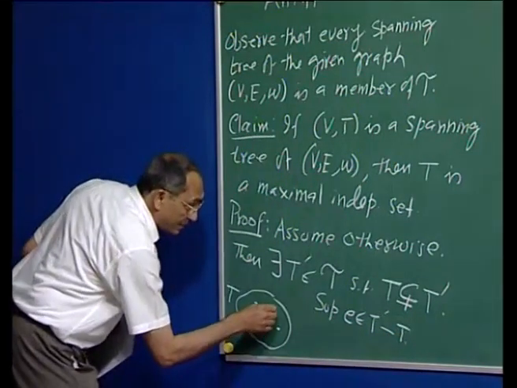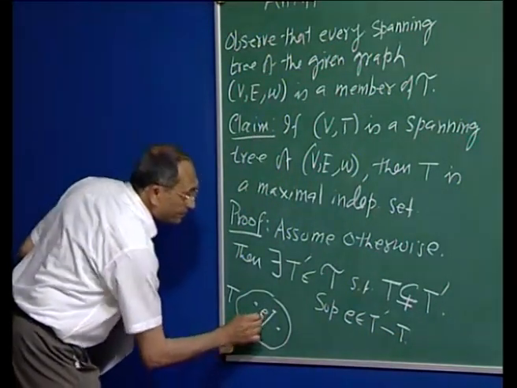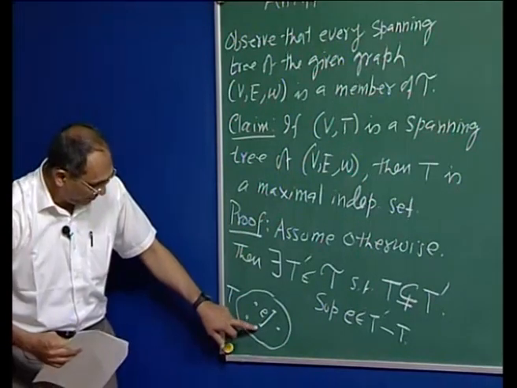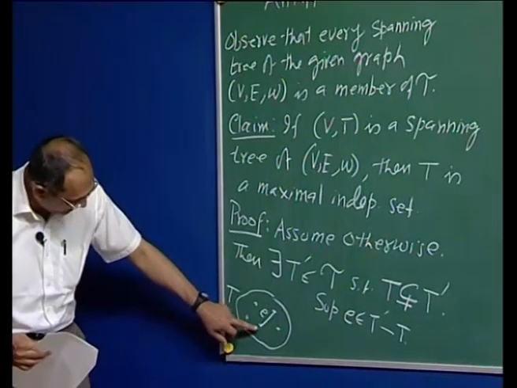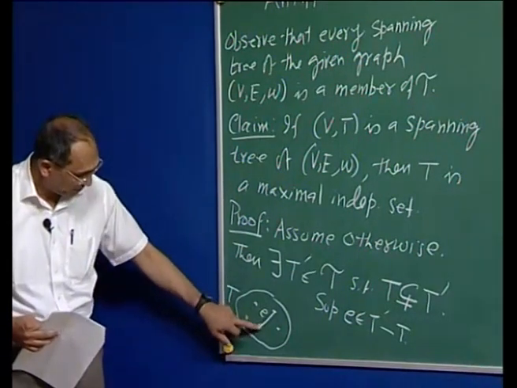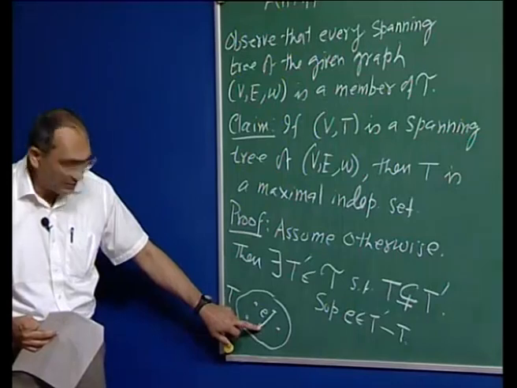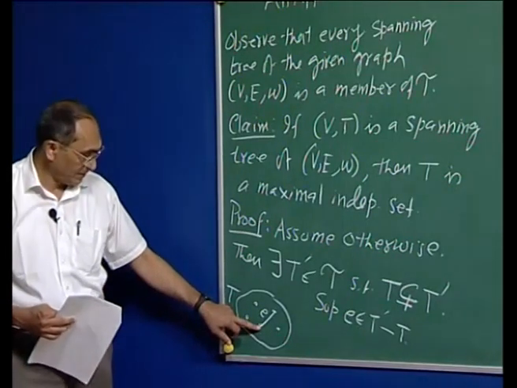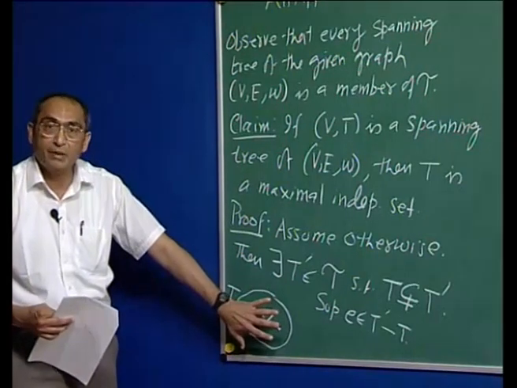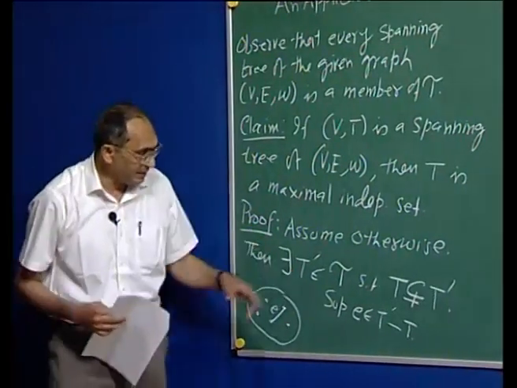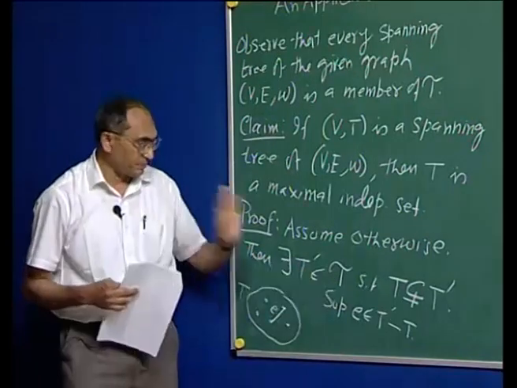So, let us say this is E, but T being a tree, a spanning tree, there is a path already present from this vertex to this vertex, and if I add edge E, then I am forming a cycle. If I am forming a cycle here, this no longer qualifies to be a member of script T, hence this is not possible.